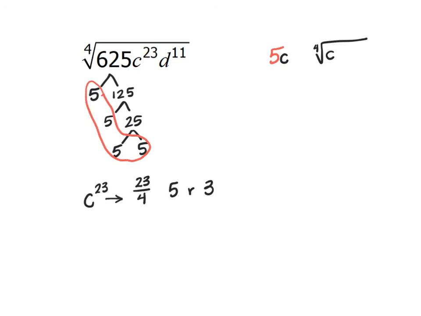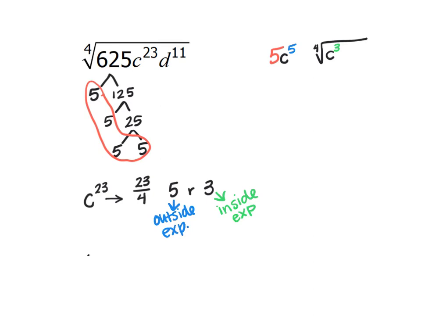That 5 becomes the outside exponent, and the 3 becomes the inside exponent. So it's c to the 5th on the outside, c to the 3rd on the inside.